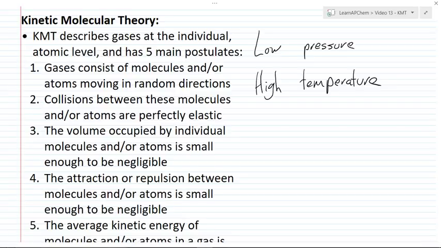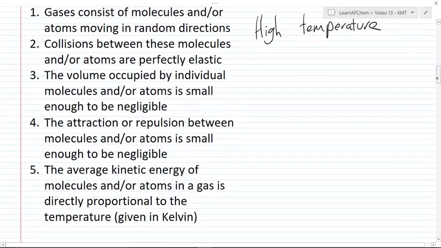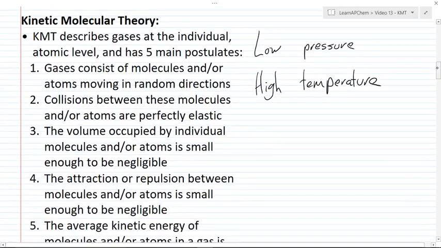Alright, the third one is that the volume occupied is small enough to be negligible. Fourth, the attraction or repulsion is also small enough to be negligible. And finally, the average kinetic energy is directly proportional to the temperature. Okay, right. That's good.